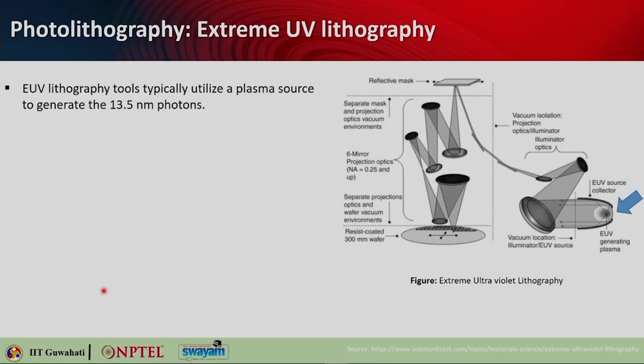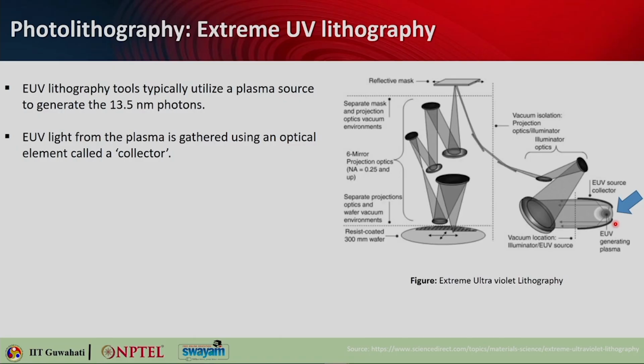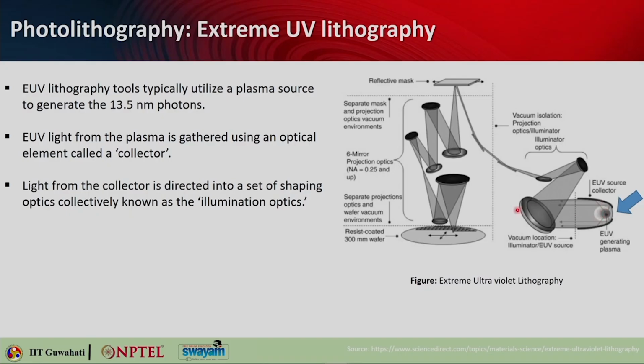So, let us look into the setup of extreme ultraviolet lithography. Here you can see in this diagram that an extreme UV lithography tool typically utilizes a plasma source to generate the 13.5 nanometer photons, and the light from the plasma is then gathered using an optical element called a collector. The collectors gather the light, and then the light is directed into a set of shaping optics elements, like a mirror here and then this.